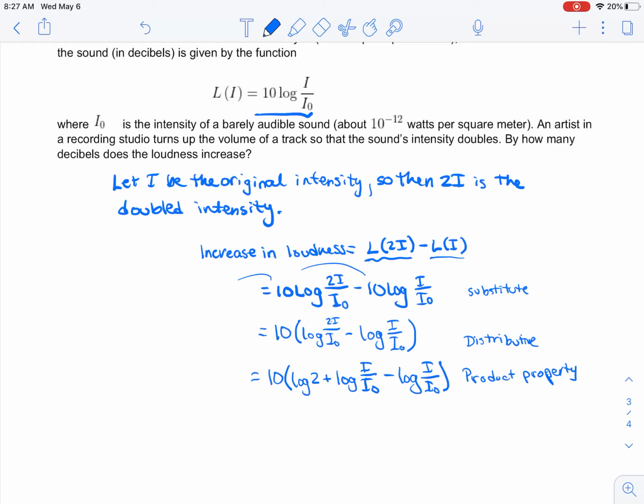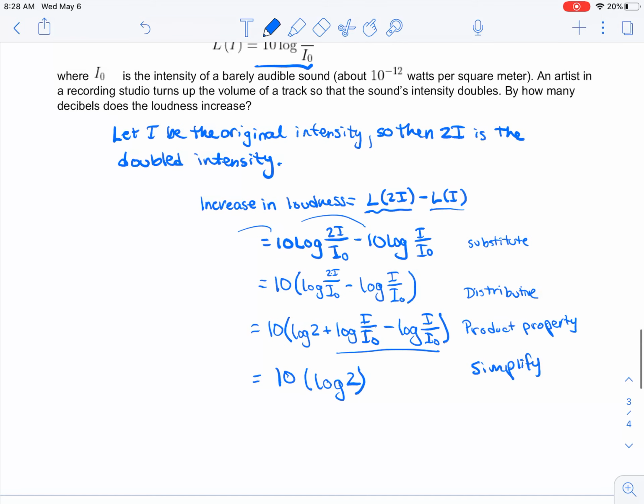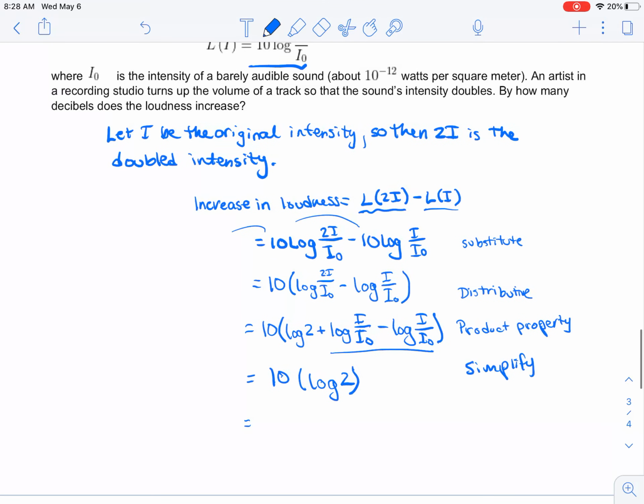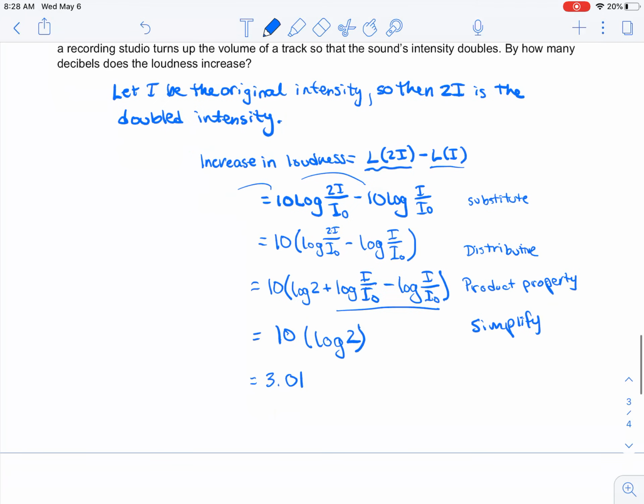Okay, well maybe you see something. These two are the exact same. And if you subtract something from itself, of course it's just 0. And that still holds true even when we're using logs. So if we simplify this, we would just have 10 times log of 2. So hey, our super complicated thing just got way easier. If you type this into your calculator, you would get 3.01.